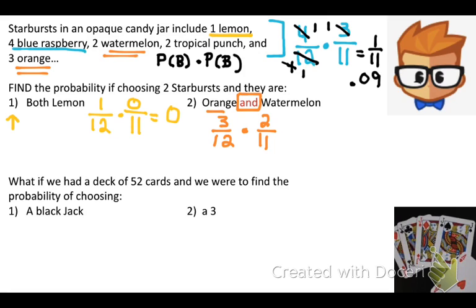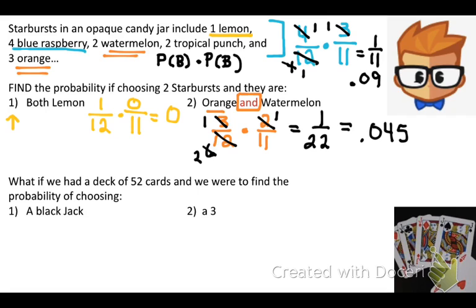We're going to go ahead and see if we can simplify. 3 goes into 3 once, and 3 goes into 12 four times, and 2 goes into 4 twice. So we're left with 1 over 22, which gives us 0.045.